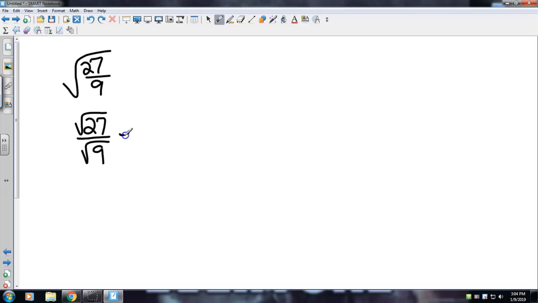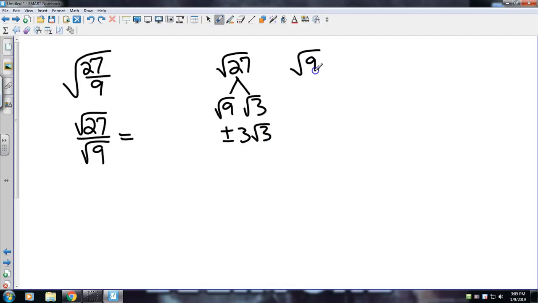And so I can break down radical 27 over here into radical 9 times radical 3. And that's going to be plus or minus 3 radical 3. And then on the bottom, when I break up the radical 9, that's plus or minus 3. And so since they're both plus or minus, we're just going to have 3 radical 3 over 3.